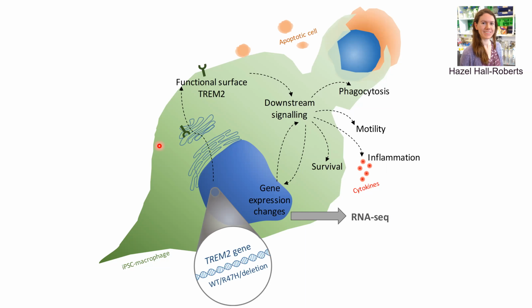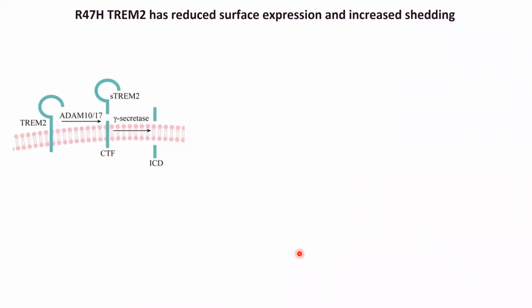Using that isogenic series, Hazel has explored all of these different functions of TREM2. So surface expression of TREM2, then the downstream signaling pathway from TREM2, and then all of these phagocytic and other functional outcomes. She also looked at the transcriptomic changes in the cells by RNA-seq. So first of all, to look at the surface of TREM2.